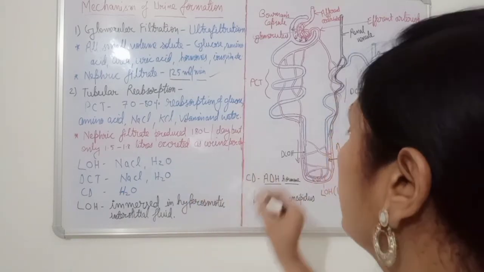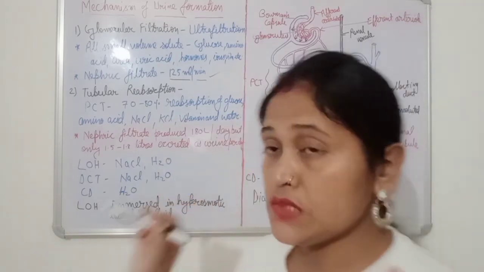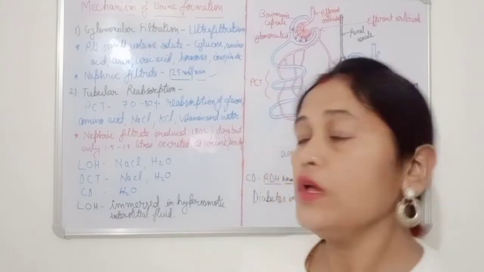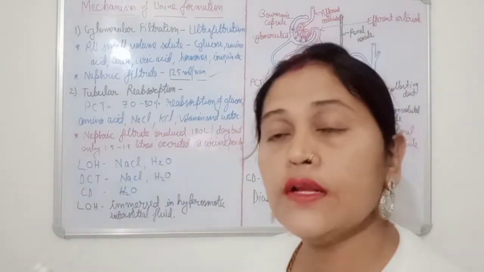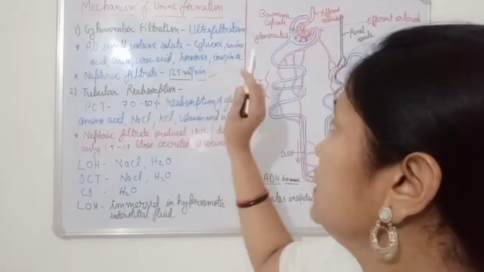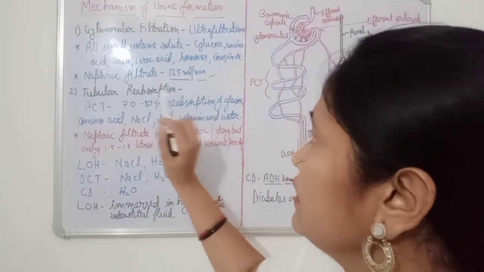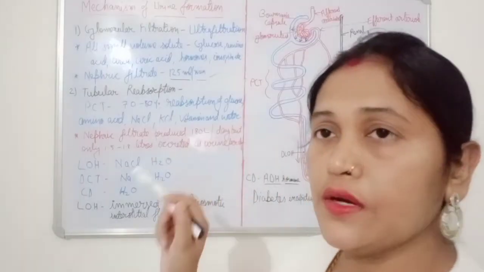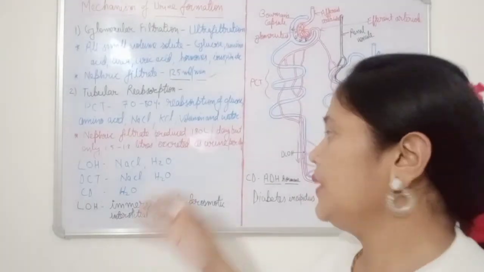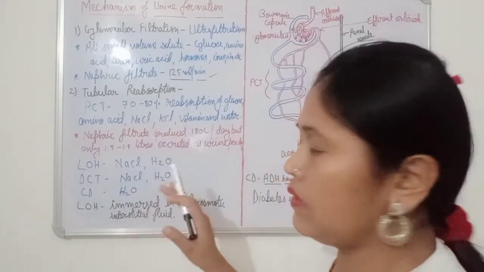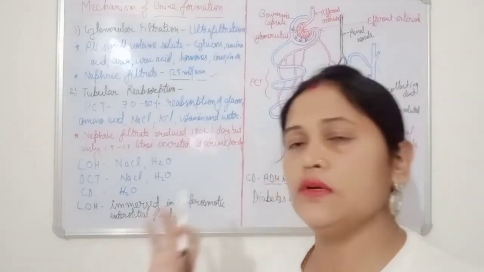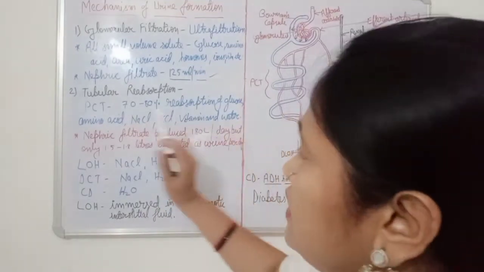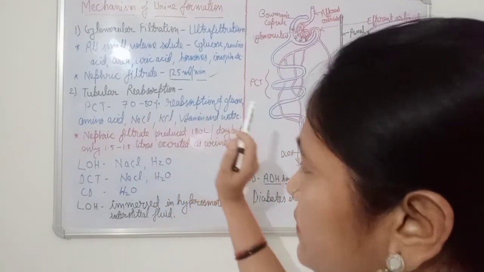And maximum reabsorption, where does it occur? In the PCT area, 70 to 80% reabsorption occurs. Of course, reabsorption occurs in all regions of the nephron, but maximum reabsorption occurs in the PCT area, 70 to 80%.